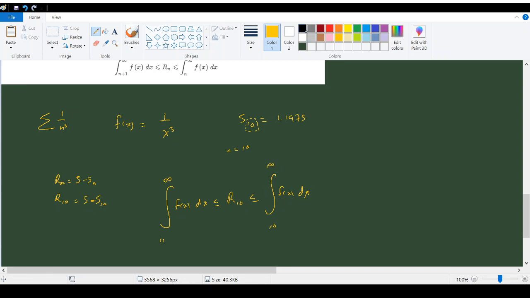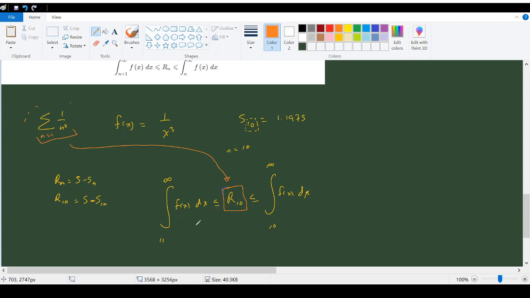There are some things that I want to highlight here. This R10 value is a term that is obtained from the series. It starts from 1, and is obtained from calculating certain things associated with the series.